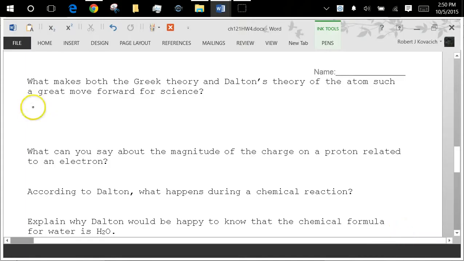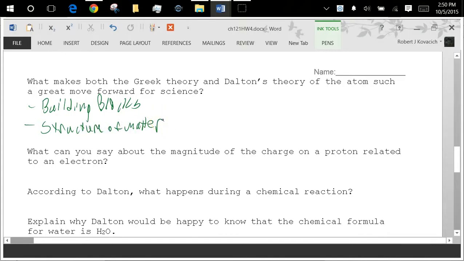Okay, so this is building blocks, this is structure of matter. Anything else? We started questioning other than what the church told them, right? Yeah, sure.